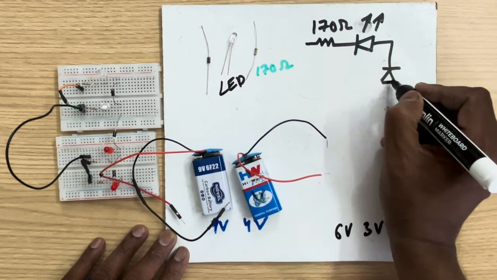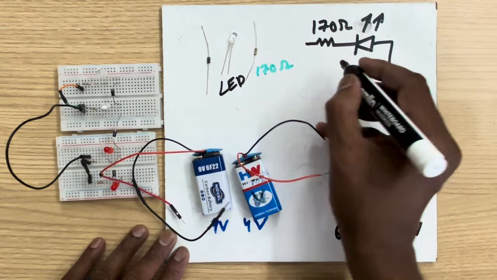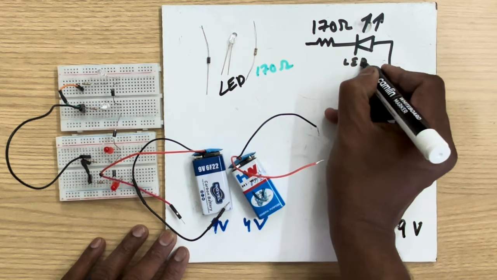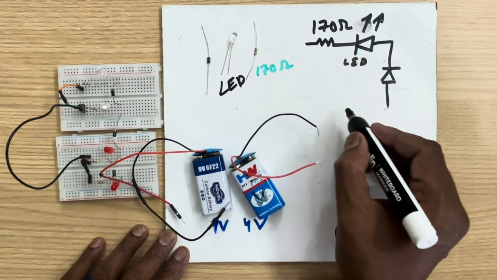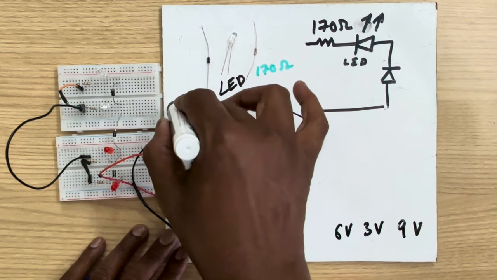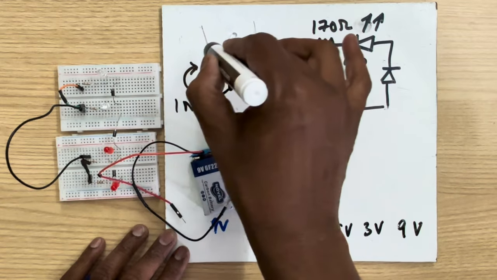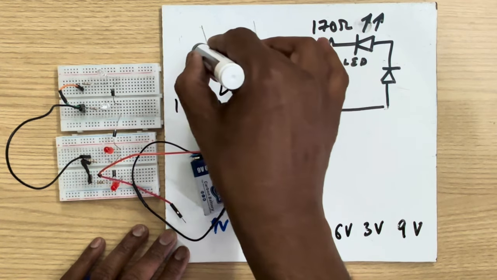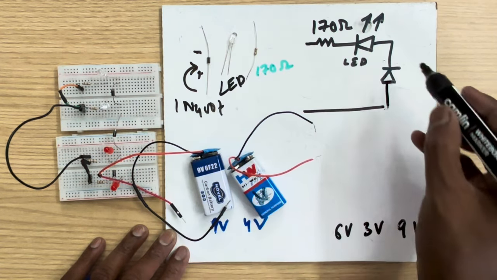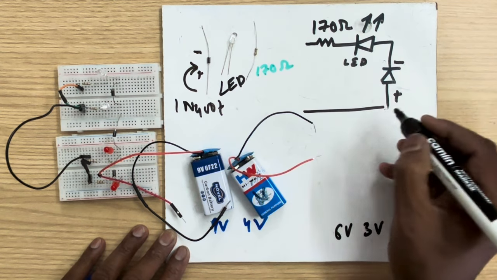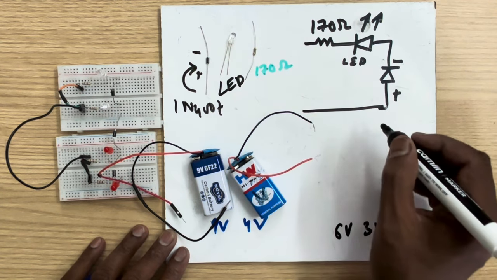This is a diode. This is a light emitting diode, and this is a normal diode. The diode specification is 1N4007, this one. The white mark is negative and this is positive. So this is negative, this is positive. This way you have to build the circuit.